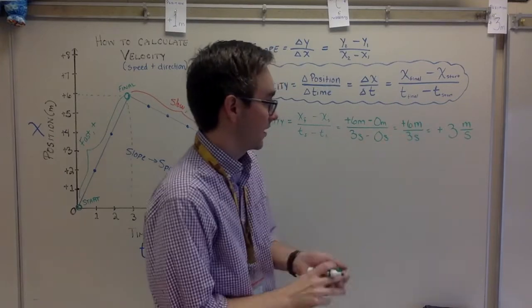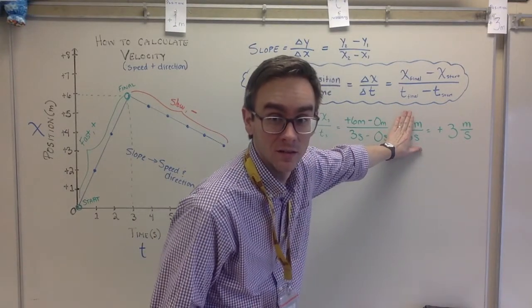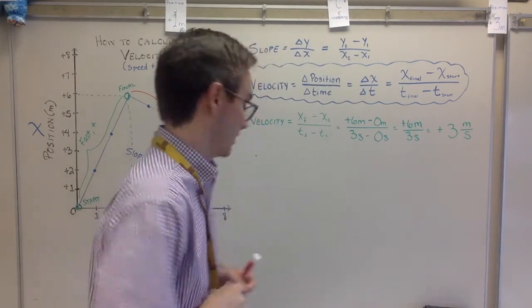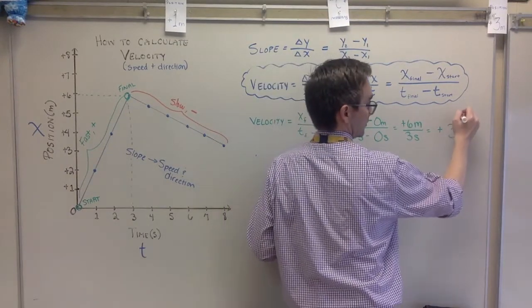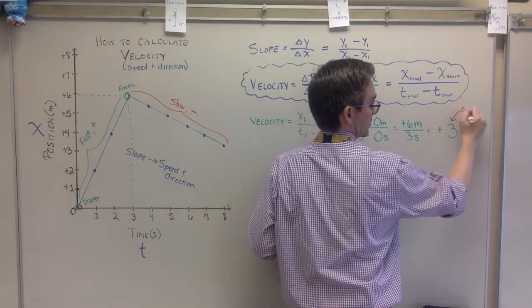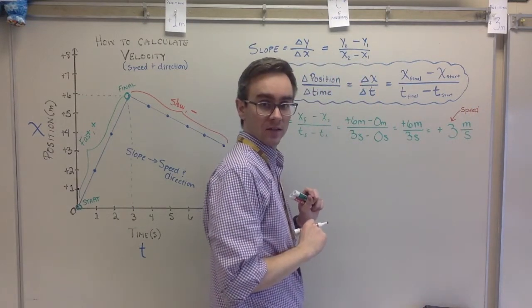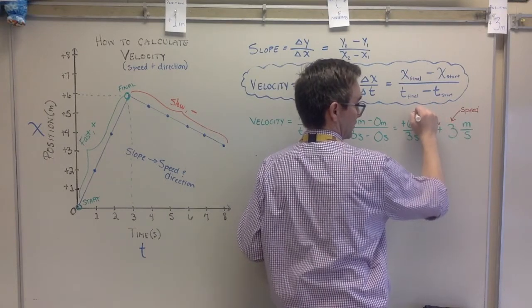There's my units right there, meters per second. This is my velocity. I have a speed, 3 meters per second, and I have a direction, positive direction.